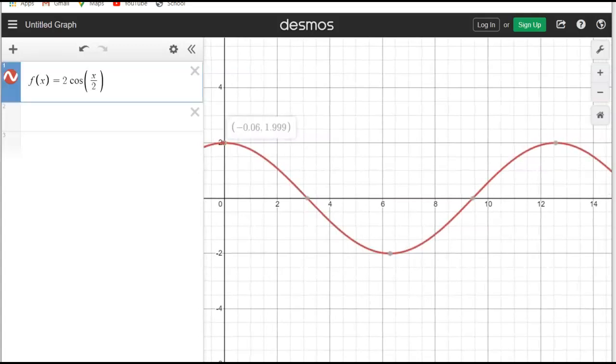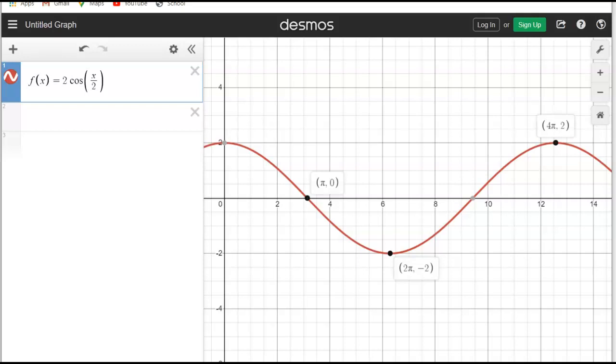So we see the point 0,2, which is right. This point should be, yep, pi and 3 pi. We have an x-intercept. 2 pi should send me down to -2, which it does. And then at 4 pi we see 2.